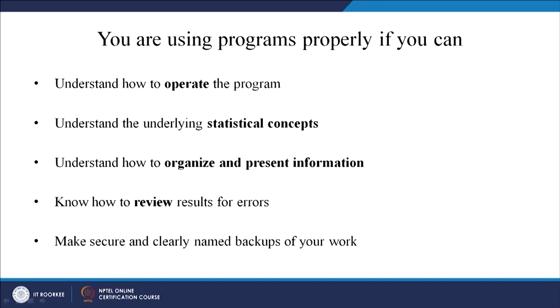If you are using these programs properly, then you need to understand how to operate the program and understand the underlying statistical concept. This is very important. You know how to operate a software, but if you do not know the statistical meaning of the output, then it has no meaning.